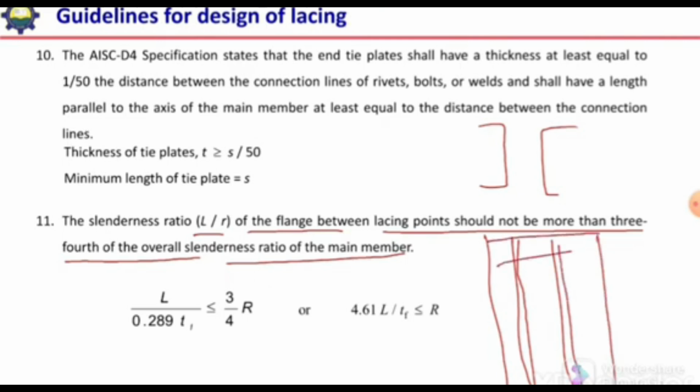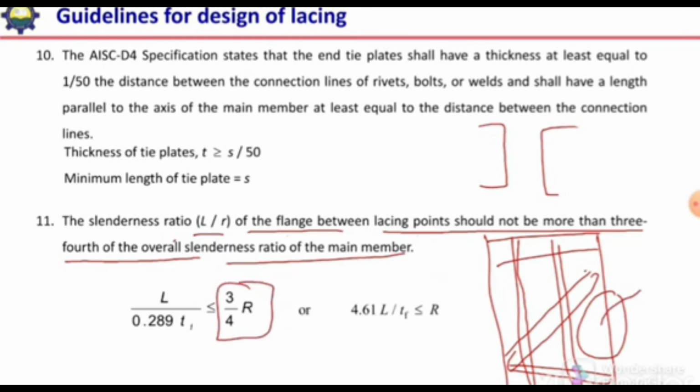For example, we have a lacing element starting from here and up to here, and the other one in this direction. So the slenderness ratio L/R of this flange between the lacing points should be less than 3/4 of the overall slenderness ratio of the main member.